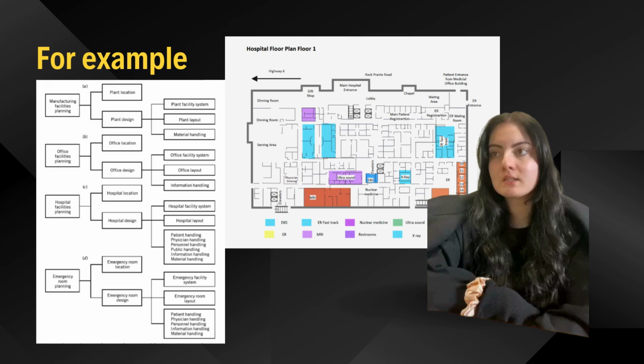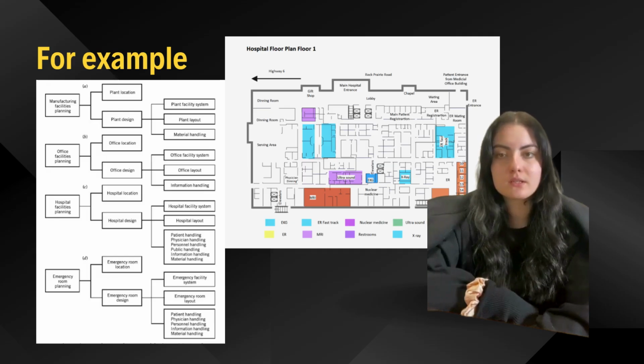In office facilities, information handling becomes much more important than material handling. In hospitals, the design becomes even more complex because it includes patient handling, physician handling, public handling, information handling, and material handling. Emergency rooms also have their own special structure because speed and accessibility become critical.